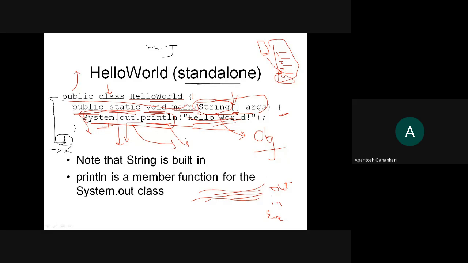System is a predefined class and out is one of its streams, and with the help of that out stream we are calling the println function. Is it clear? Yes, sir. Okay.